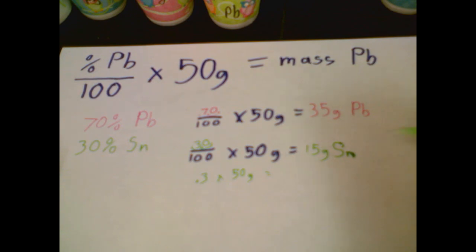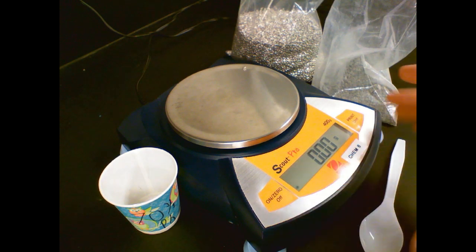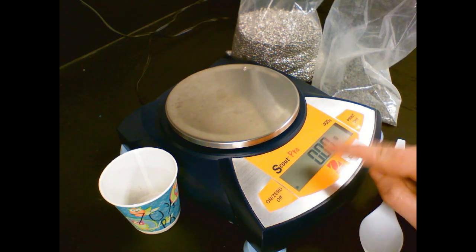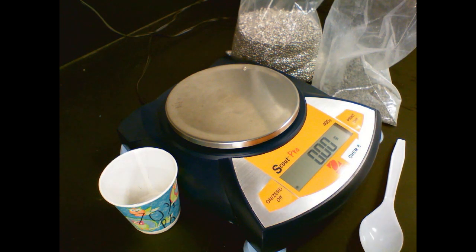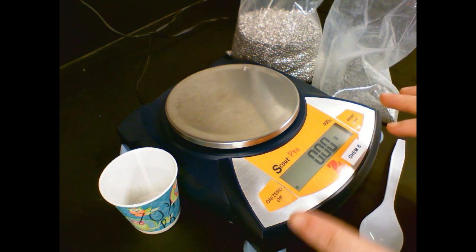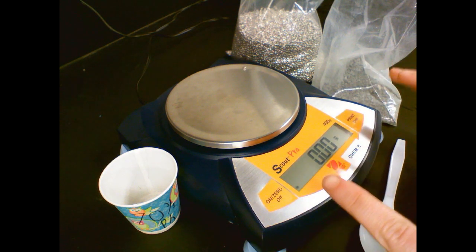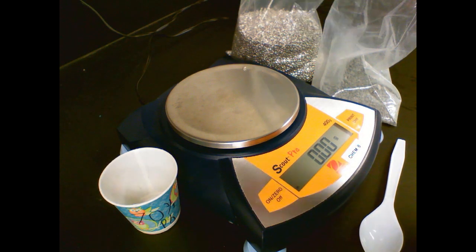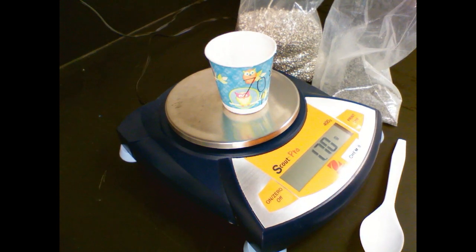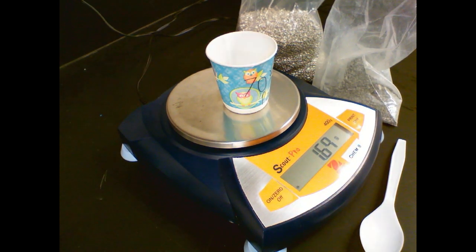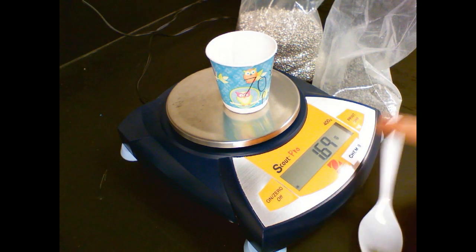N, not M. Okay. All right, so over here we have our lovely scale, precise 2 places past the decimal for the grams. We want this to be extremely precise because any amount off that we end up with for this alloy is going to affect the end results of our experiment. So I am going to take the cup and put it on top, and it now has mass.